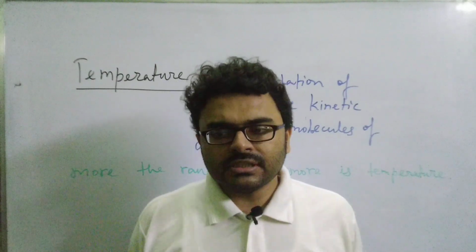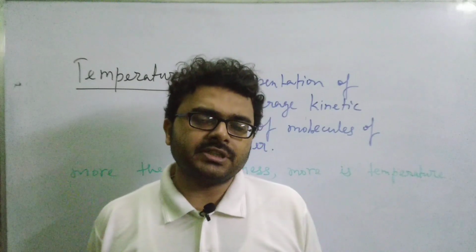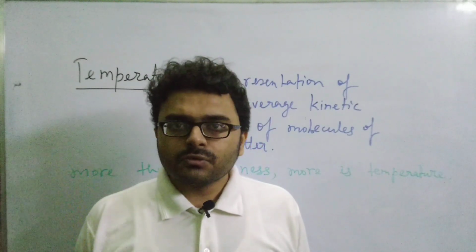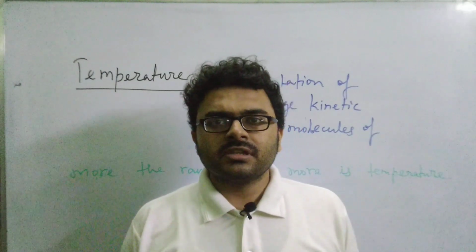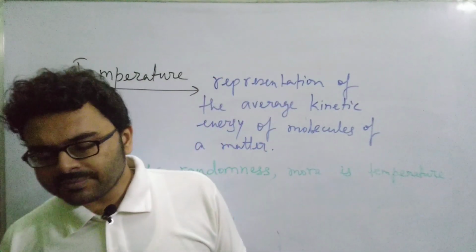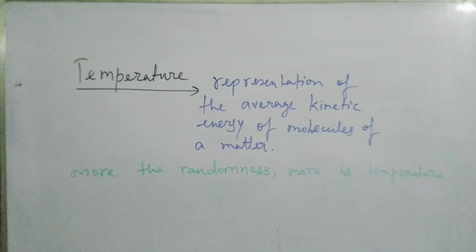As a result, if you just keep a thermometer in contact with that object, you see that the temperature is rising. So why is the temperature rising? The answer is that the kinetic energy of the molecules keeps on increasing. So basically temperature of a body is the representation of the average kinetic energy of the molecules present in a body. Now, this is the concept about temperature.